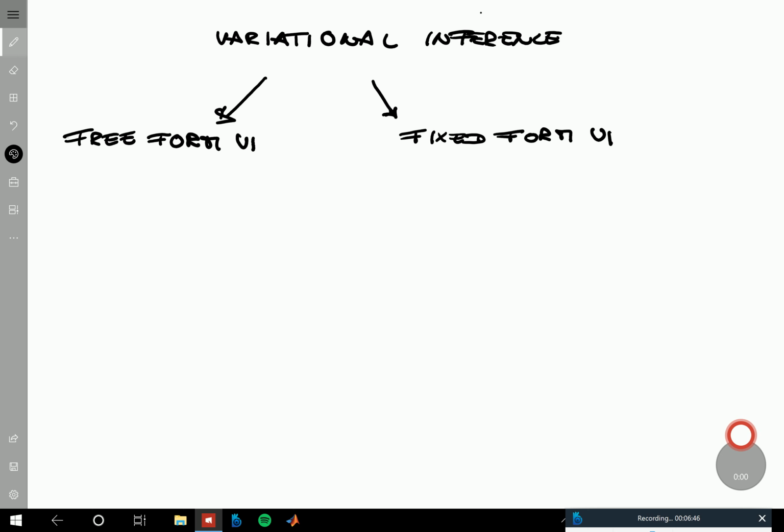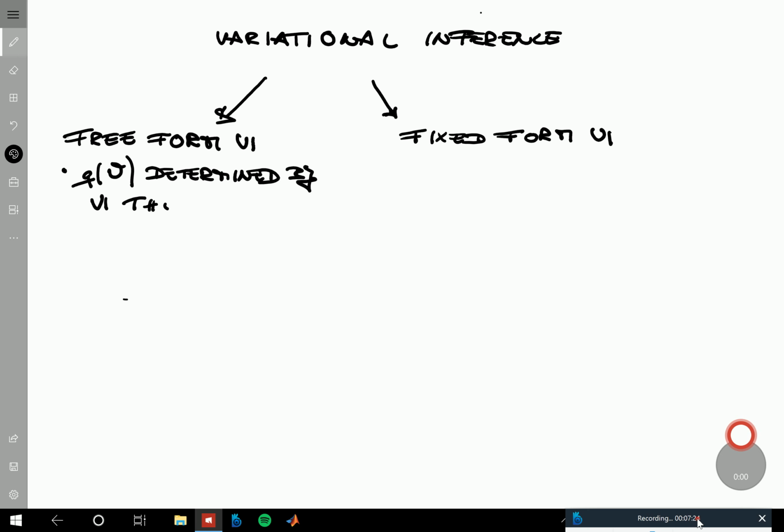So one of them, let me just tell you what these are. So freeform variational inference is, how can one say it? It's math-based, in the sense that the variational distribution is determined by the variational inference theorem.